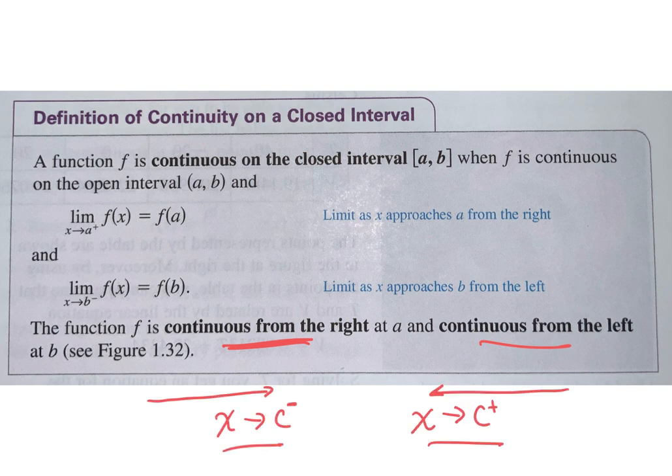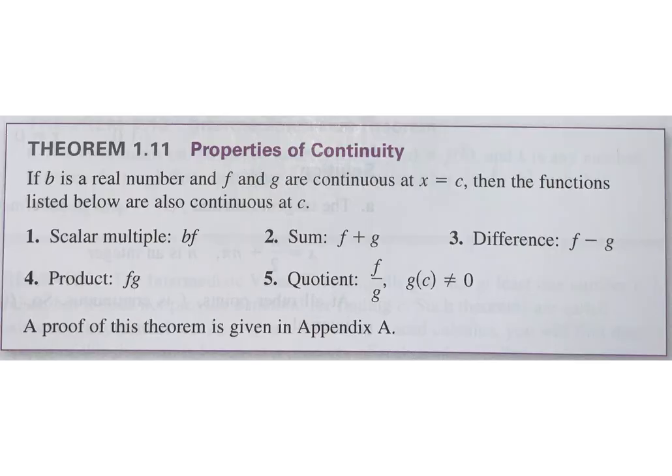The only way you have an overall limit is if these two are the same. If they're not the same, you do not have an overall limit. You only have right or left handed limits. So properties of continuity, once again: continuous functions can be multiplied by a scalar, they can be added and subtracted, they can be multiplied, they can be divided, and again, not by zero.